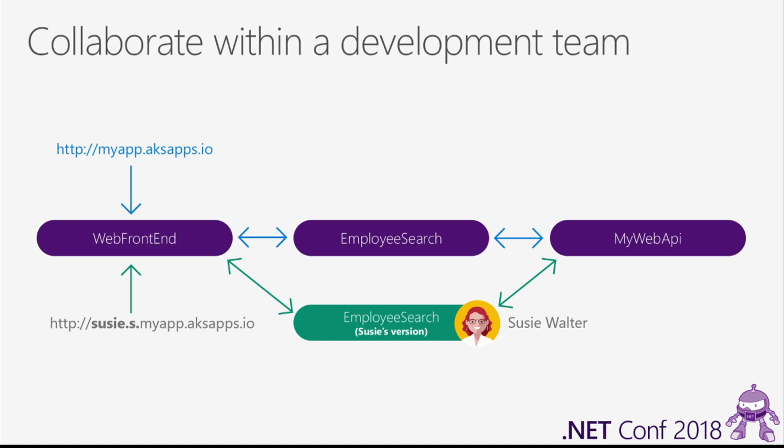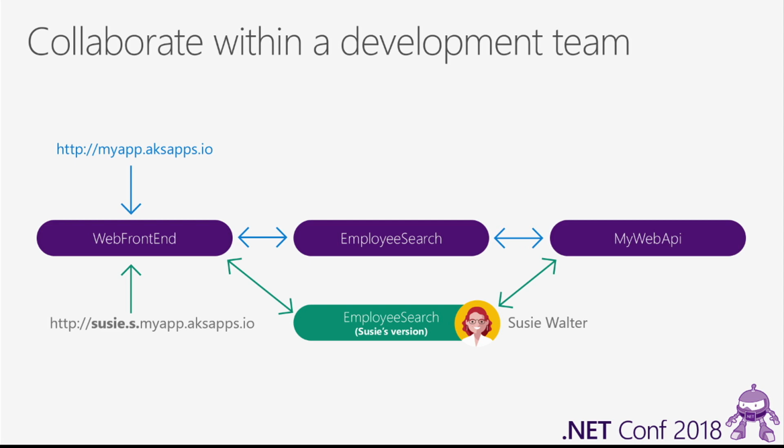This does not replace the version of employee search that's running up in the team's default space. Susie has her own version that she can edit, that she can live debug, and so on. And she gets her own public endpoint. As you can see in this diagram, it's the URL of the main application, but prefixed with Susie, the name of her space, and .s.